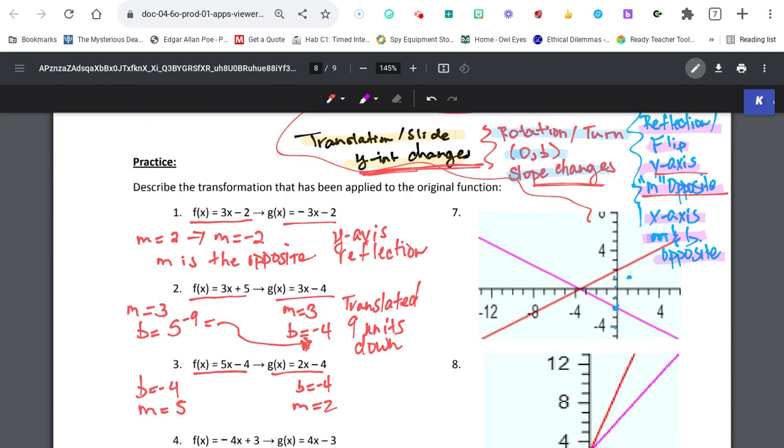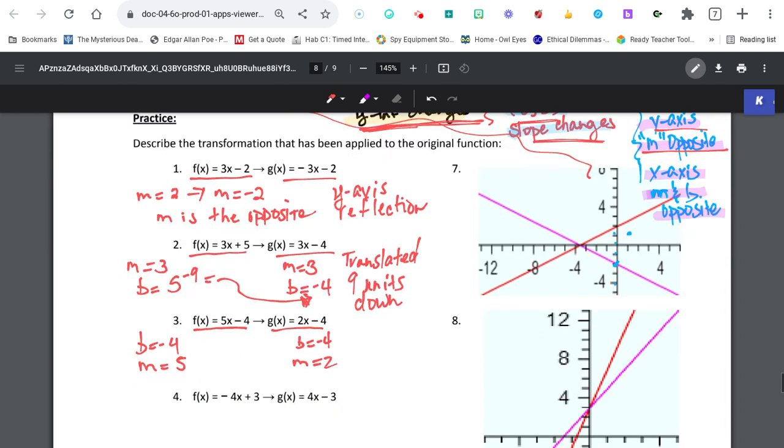So when the slope changes, and not to its opposite, guys, changing to its opposite would be the reflections, it's just going to be a rotation or a turn about this y-intercept. So I'm going to say it's rotated about the y-intercept, which is negative 4. So the point will be 0, negative 4.